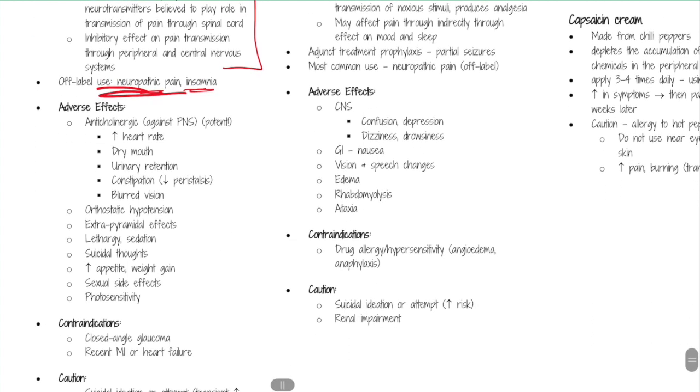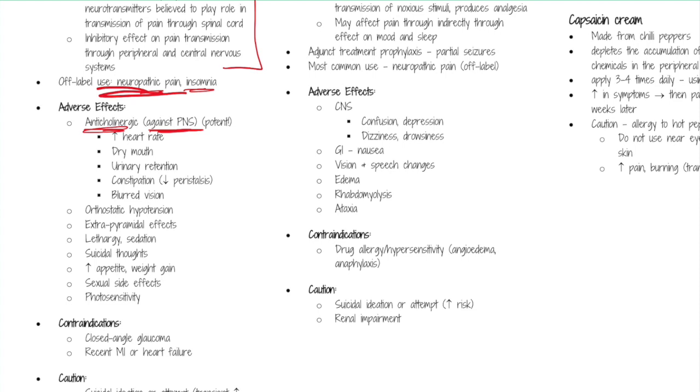Adverse effects. Interestingly enough, tricyclic antidepressants are anticholinergics. Cholinergic is the word we use to describe any system that uses acetylcholine. And the main one that we've studied in nursing school would be your parasympathetic nervous system.